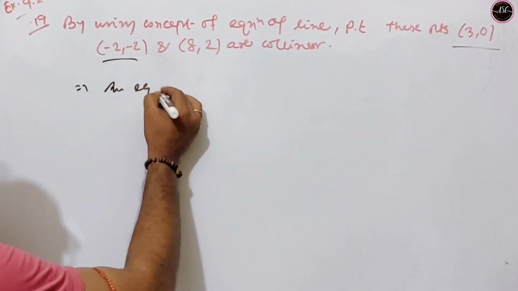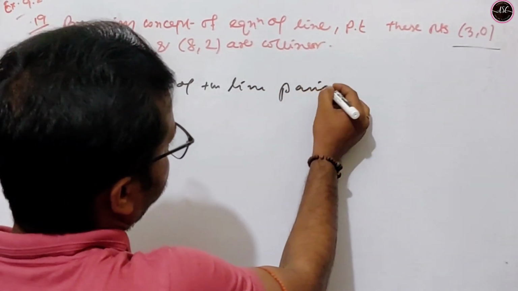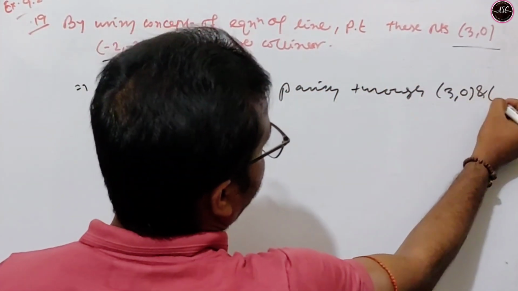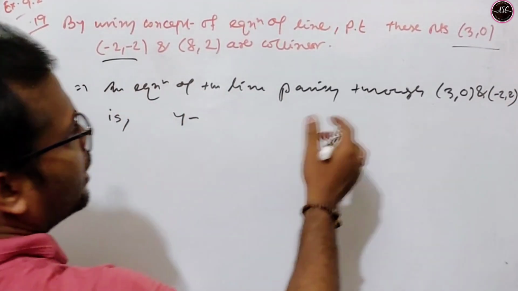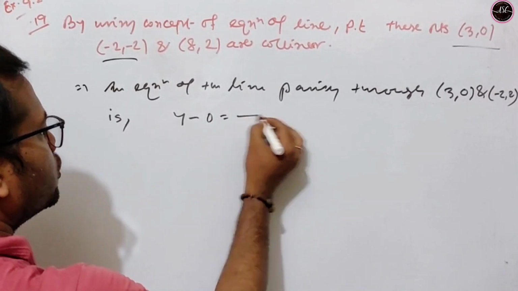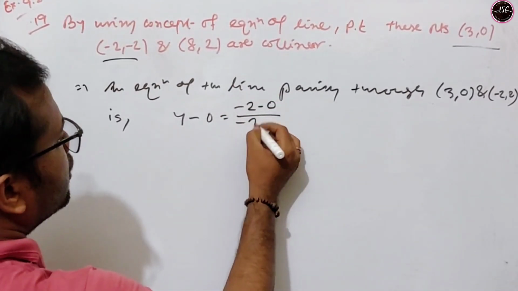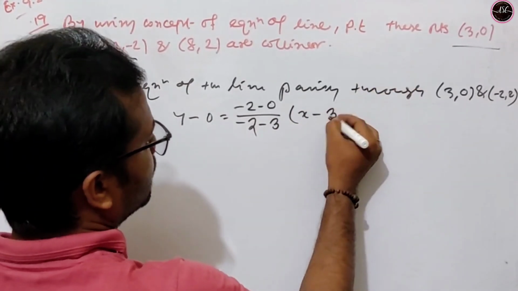The equation of the line passing through (3, 0) and (-2, -2) is y minus y1 equal to y2 minus y1 divided by x2 minus x1 into x minus x1, that is, y minus 0 equal to (-2 minus 0) divided by (-2 minus 3) into x minus 3.